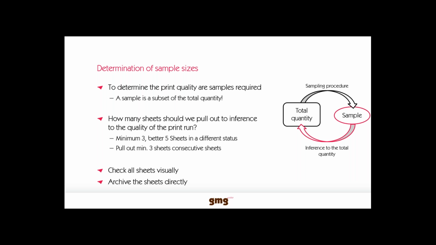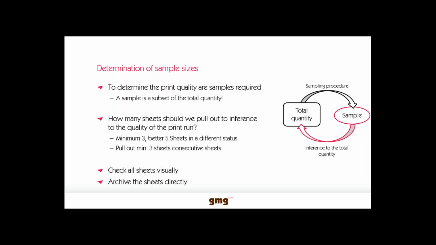Depending on the calculation method, 10% of the total amount. If you print 10,000 sheets, that's a lot. That's not realistic. So we recommend the following. Pull sheets from 3, better 5 different parts of your print run after the defined OK sheet, and pull out 3 consecutive sheets.